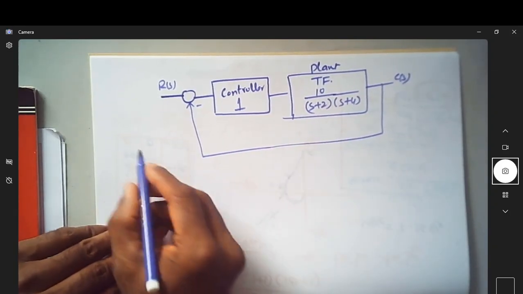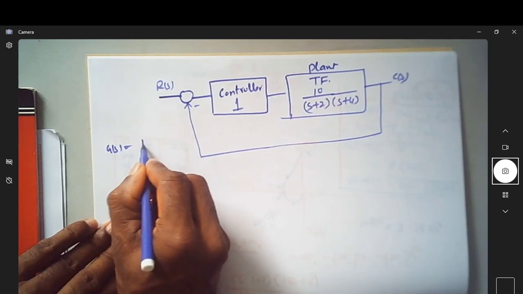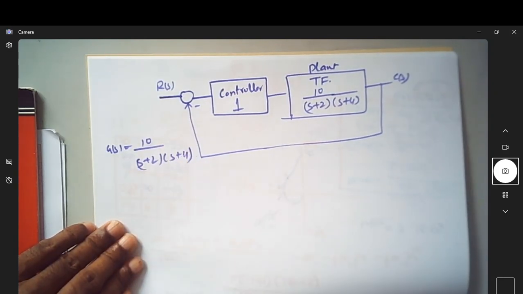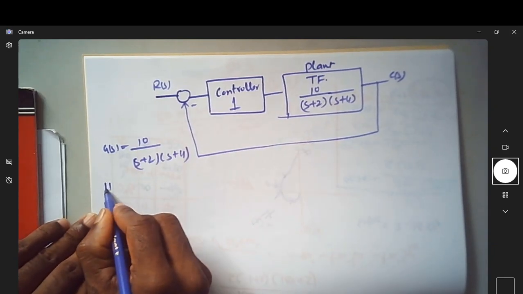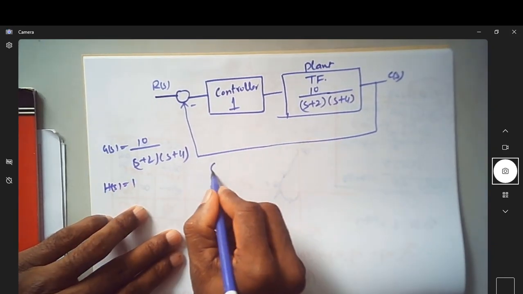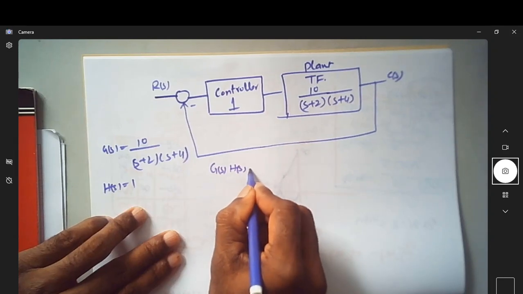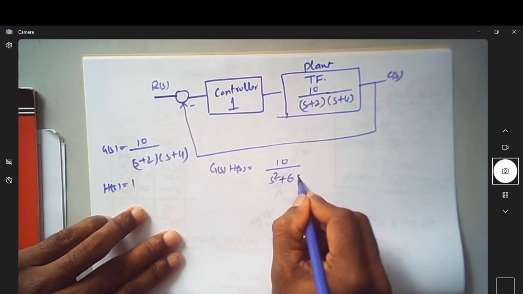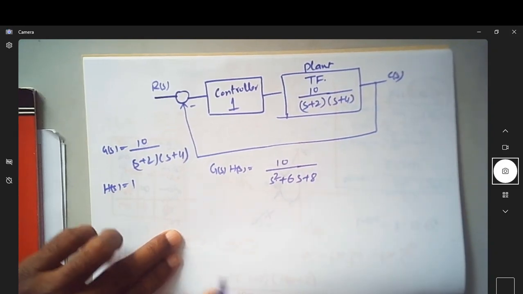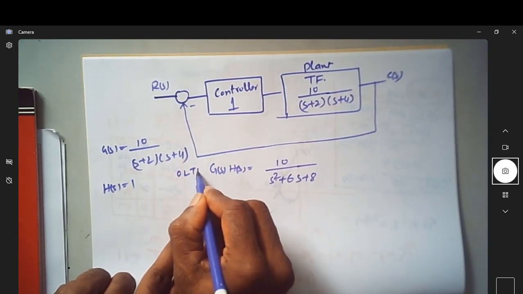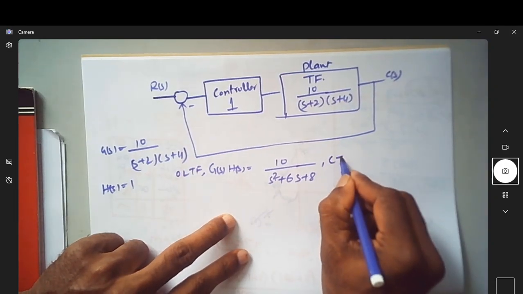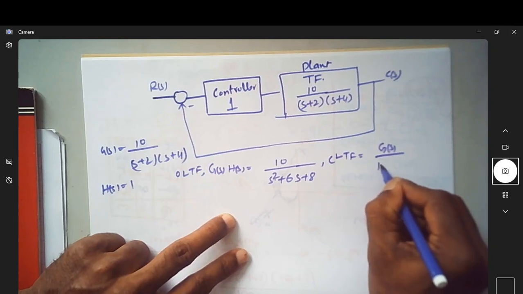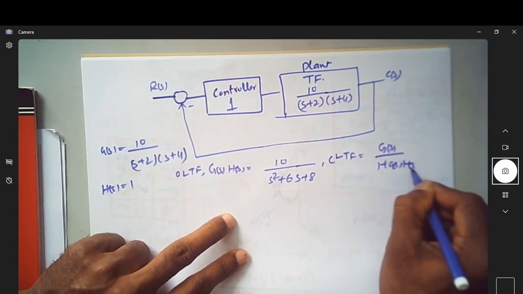If we can see now, G(s) of this system is 10 by (s plus 2) into (s plus 4), and similarly, since H(s) is equal to 1, so G(s) into H(s) happens to be 10 divided by s square plus 6s plus 8, which is my open loop transfer function. So we know that closed loop transfer function is given by G(s) by 1 plus G(s) into H(s).